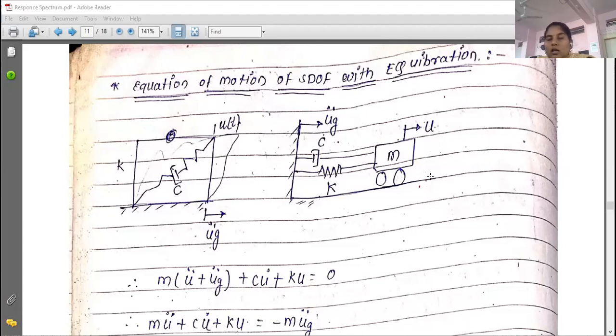In those cases we applied boundary conditions and saw the factor DLF, the dynamic load factor, x maximum upon x static, which is a unitless quantity.